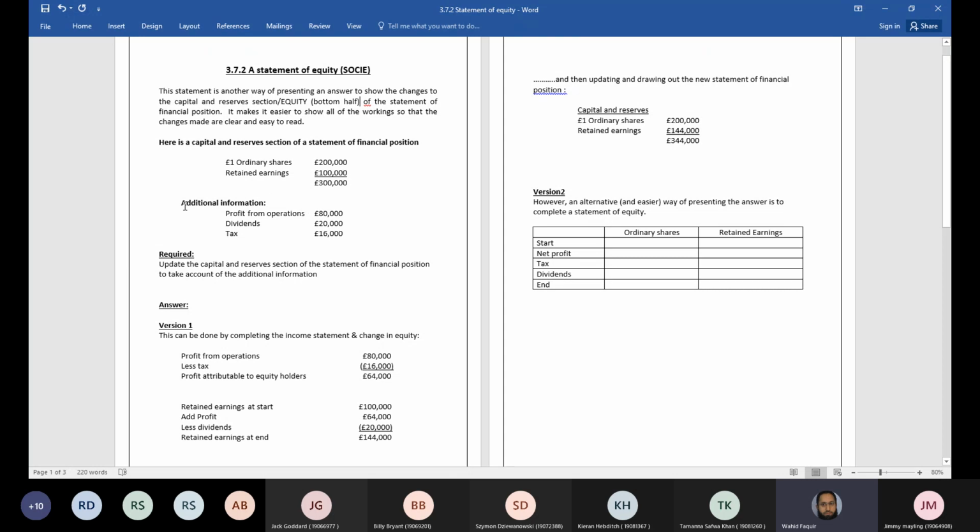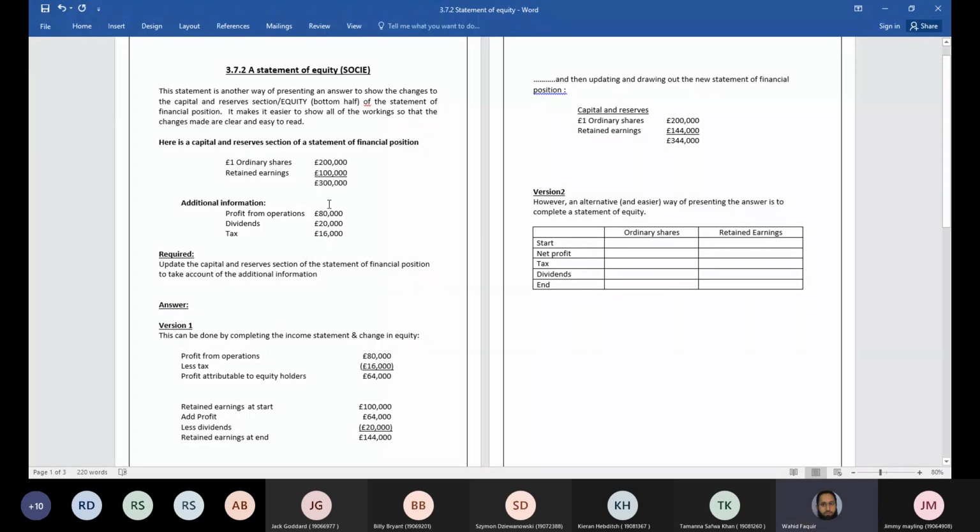Additional information, so this is what they might provide in the question. They might say during the year profits were made of 80,000, dividends were dished out to shareholders of 20,000, and corporation tax was 16,000. Okay, and from that they might say, right, you are required now to do the bottom half of a statement of financial position for the end of the year.